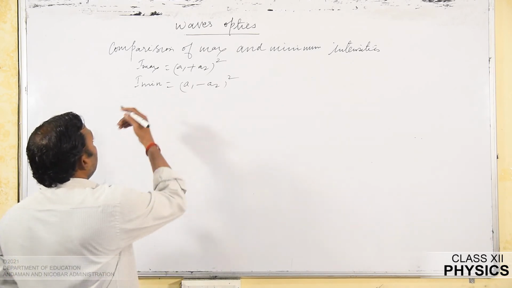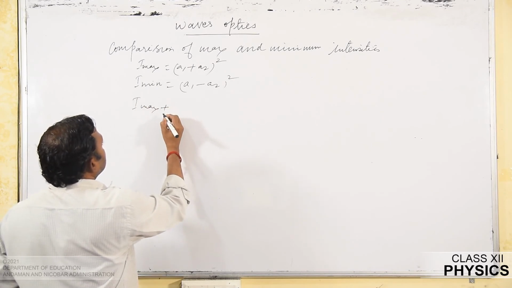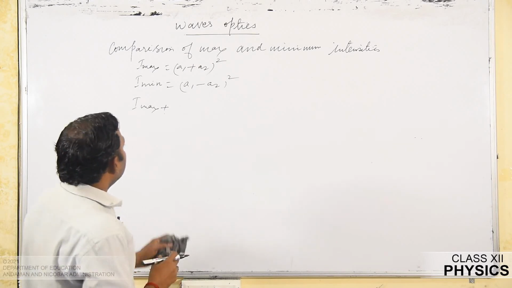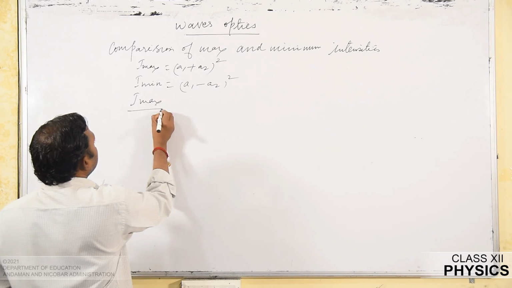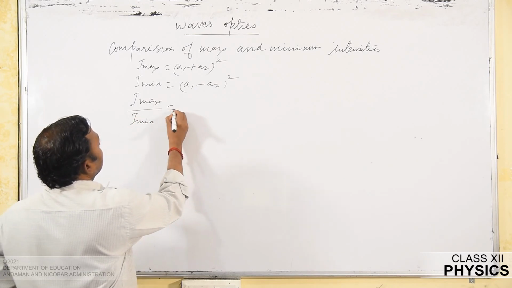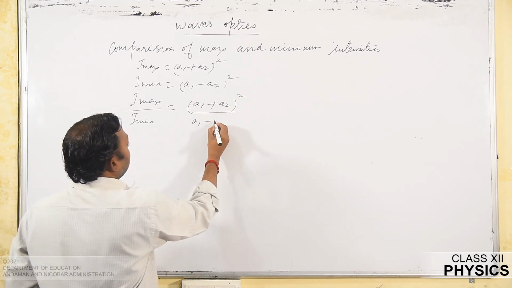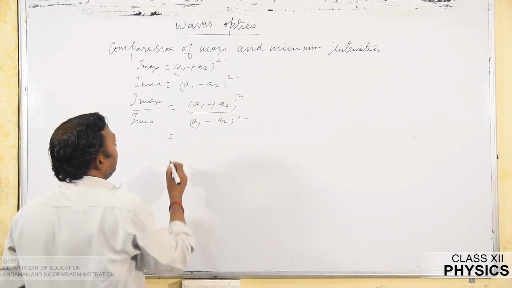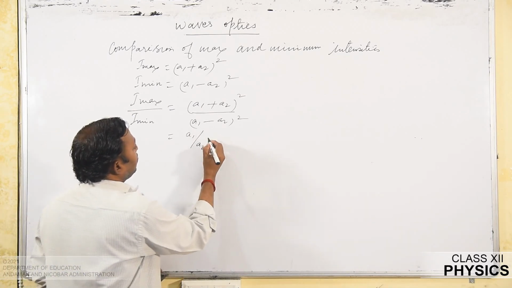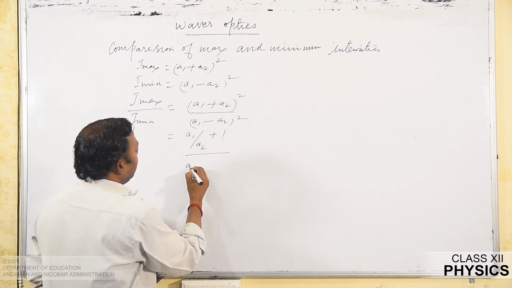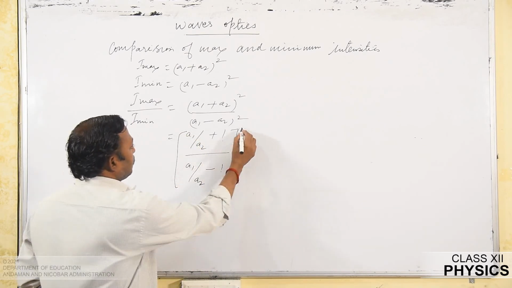Now let us compare the ratios of intensities. I maximum by I minimum is equal to a1 plus a2 whole square divided by a1 minus a2 whole square. Now divide this by a2, we get a1 by a2 plus 1 divided by a1 by a2 minus 1 whole square.